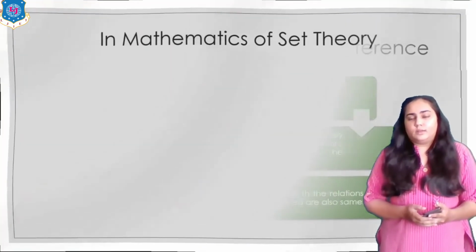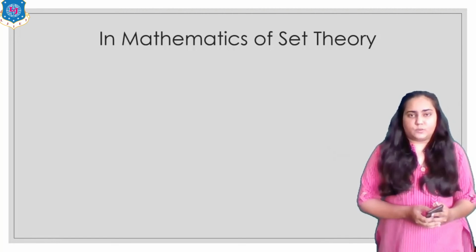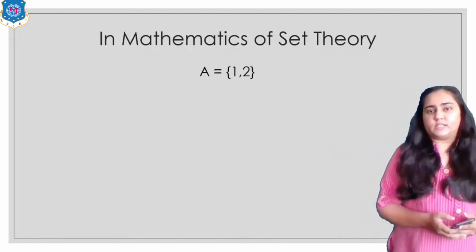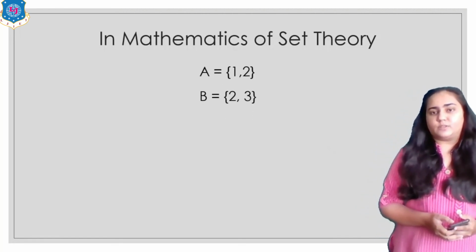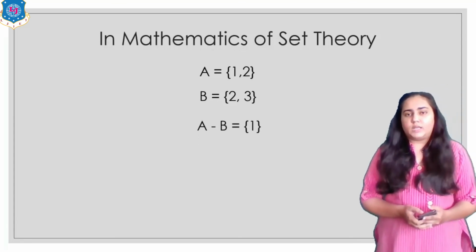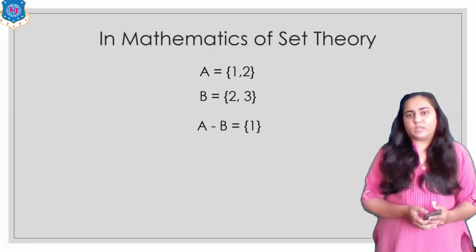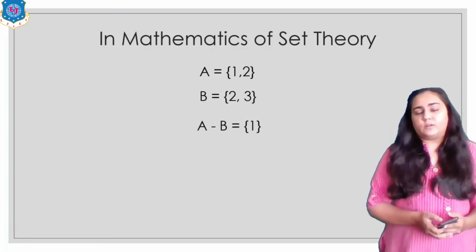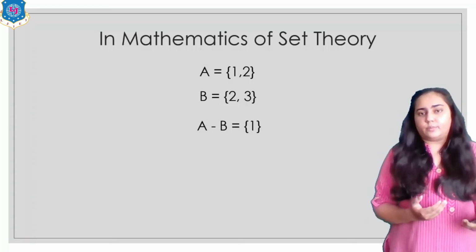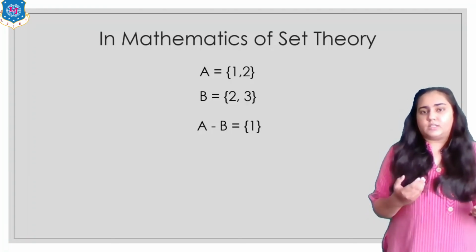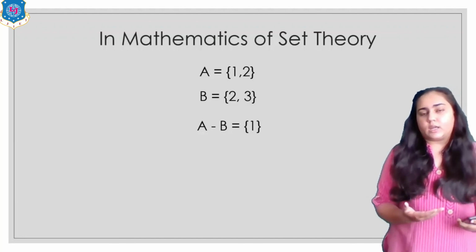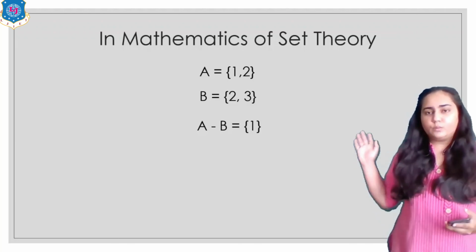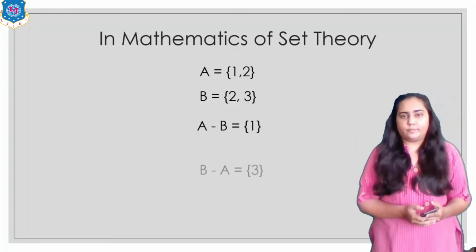So let's first understand how this works with numbers. If you have a set A with elements 1 and 2 and set B with elements 2 and 3, then A minus B is going to be equal to 1 because you're subtracting B from A, and within B you have the element 2 which is also present in A. So 2 is eliminated from A, which leaves us with only 1.